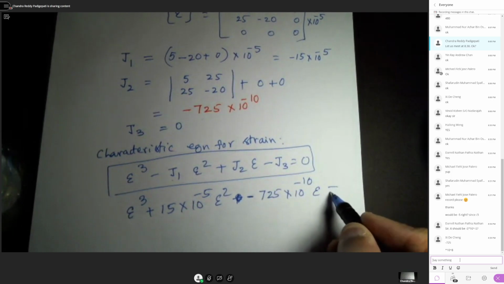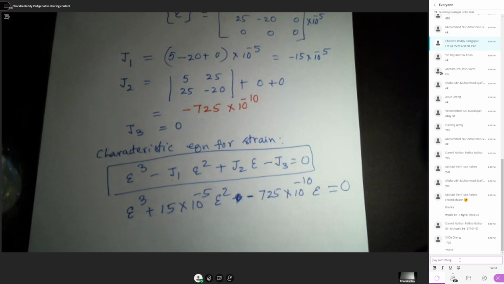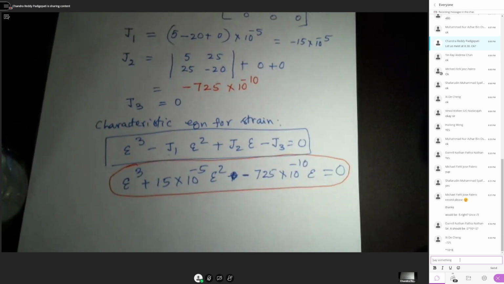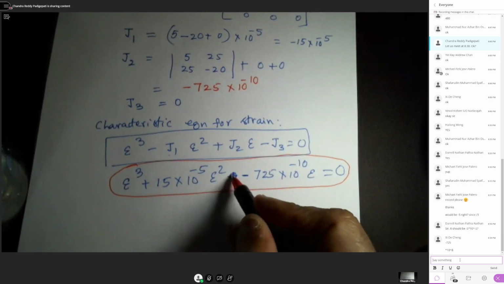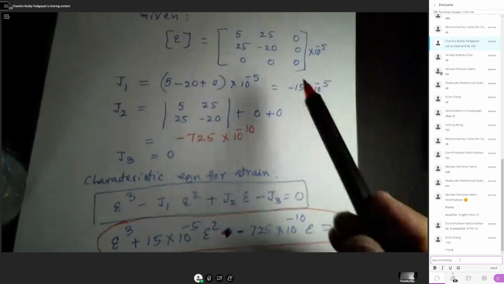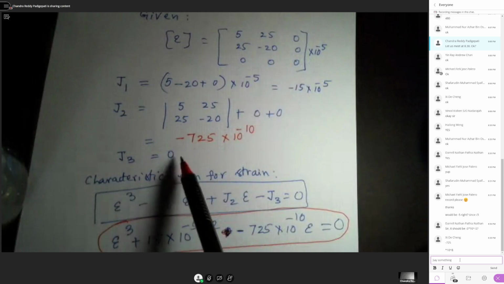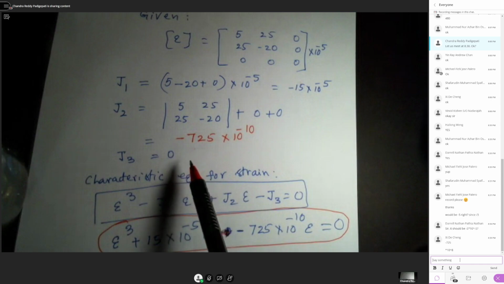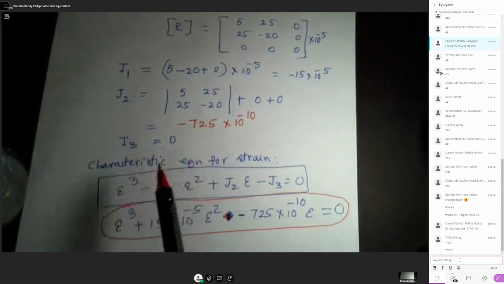J3 is 0, so we can write the characteristic equation like this. Is that clear, guys? Whenever a row is all zeros, the determinant value will be 0. No need to show any calculation. Straight away, you can give J3 as 0.